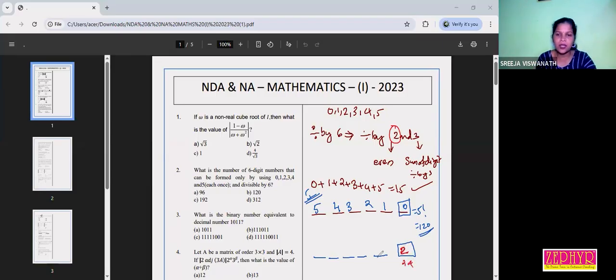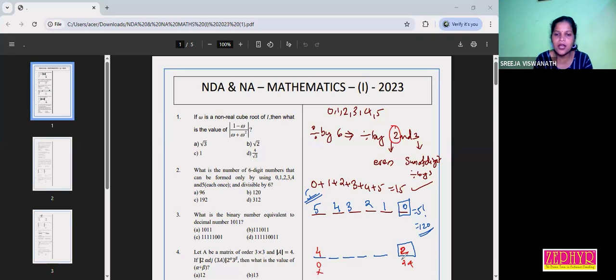And listen carefully. If we select any of 2 and 4, the remaining numbers contain 0. And 0 cannot be occupied in the first position. If 0 is in the first position, that becomes a 5-digit number. So other than 0 and the last digit, there are remaining 4 numbers for the first position.